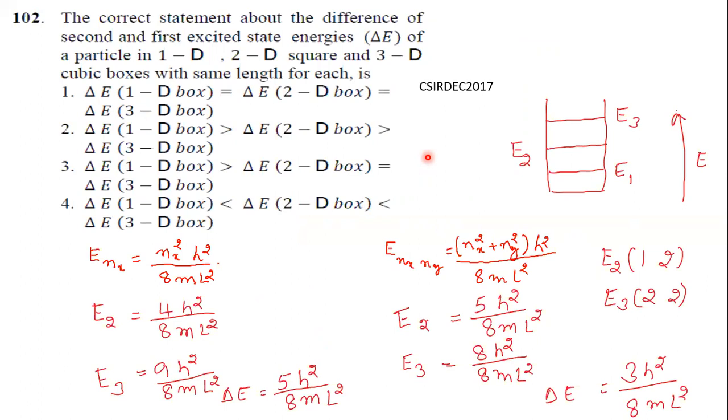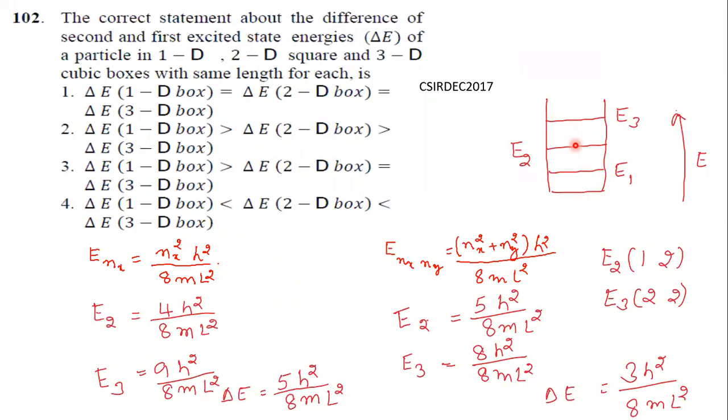First, we need to find the energy difference between the first excited state and the second excited state. E1 corresponds to the ground state, E2 is the first excited state, and this is the second excited state. What is asked here: what is the difference between E2 and E3 in 1D, what is the difference between E2 and E3 in 2D box, and what is the same in 3D box?